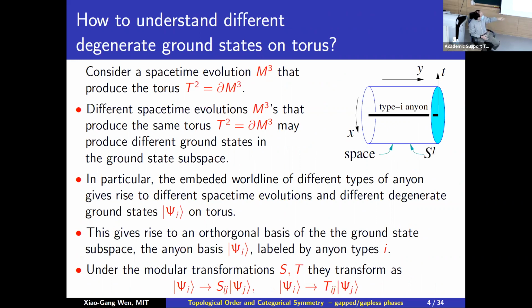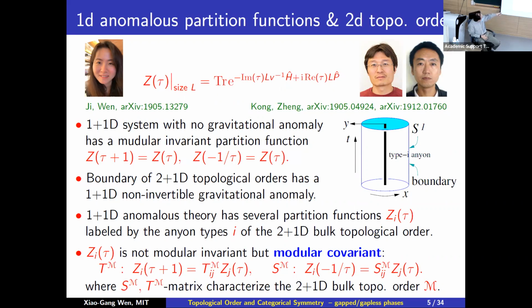So now you can see that the different components of the partition function are related to the different degenerate ground states in a certain basis. I won't derive it. This is the key: the multi-component partition function is not modular invariant, but modular covariant. Under a modular transformation, the partition function changes by some unitary matrix, and this unitary matrix is exactly the same unitary matrix described in the bulk topological order.